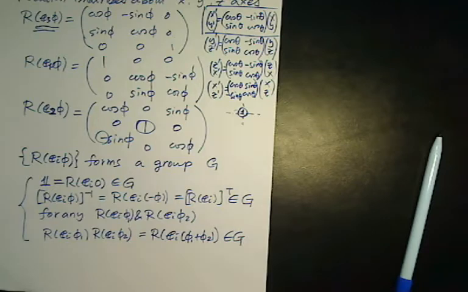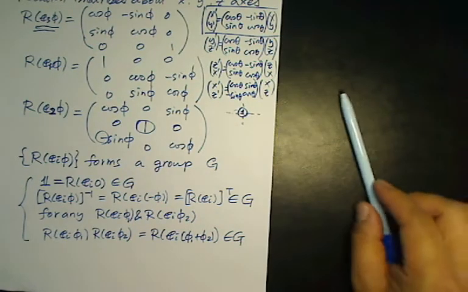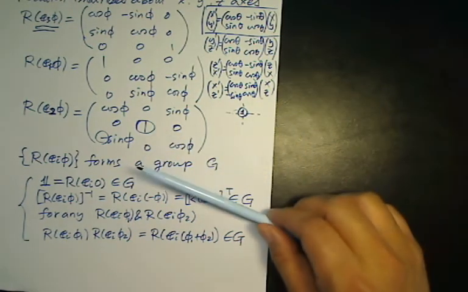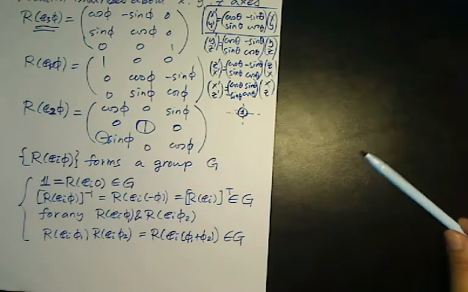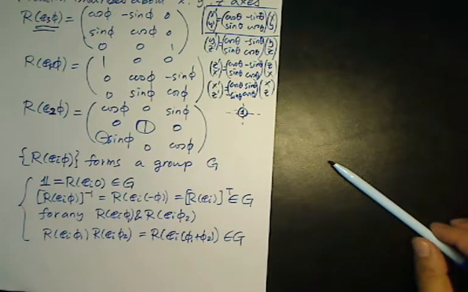Next, we consider the group. Actually, the rotation matrices form a group. The set of rotation matrices, as far as a single direction is concerned, for example, we keep rotating about the x-axis, keep rotating about the y-axis, keep rotating about the z-axis, then everything forms a group.